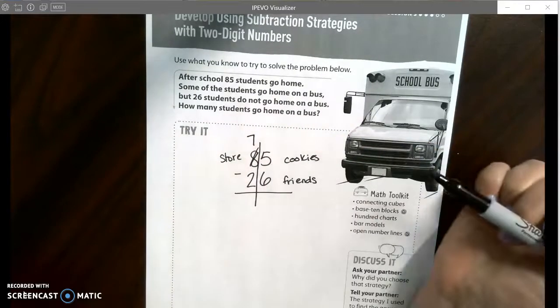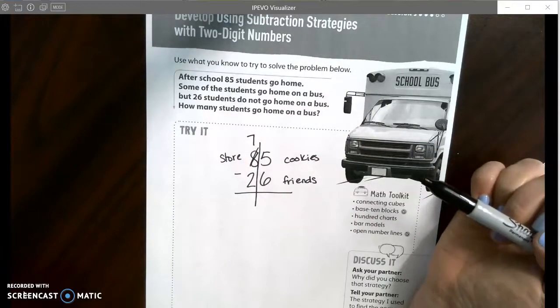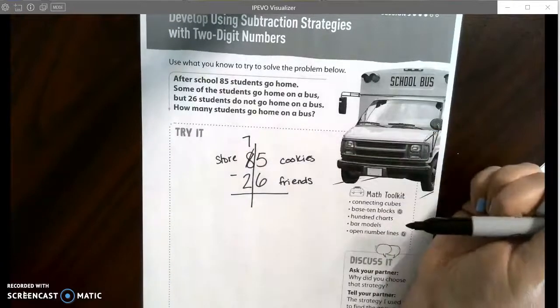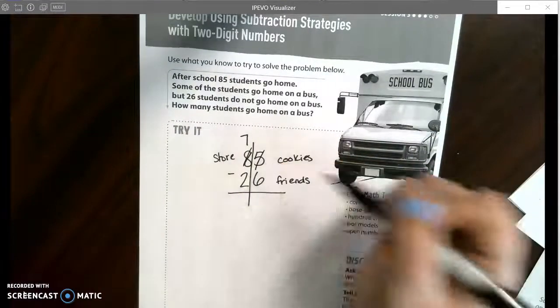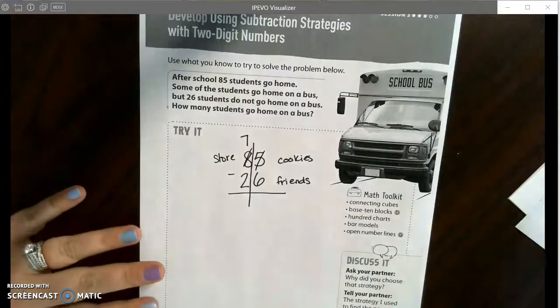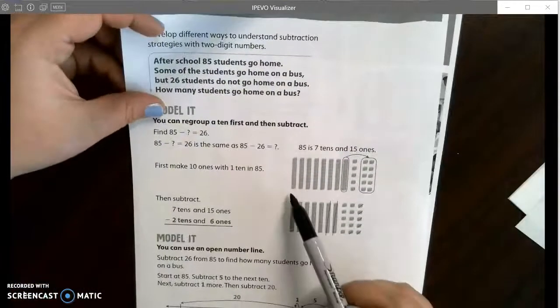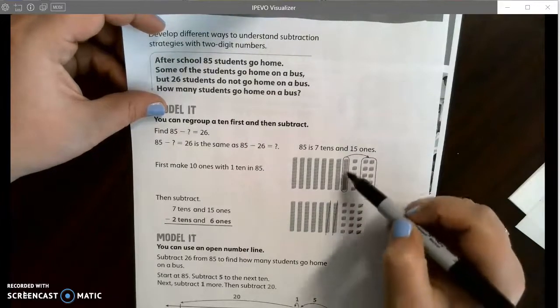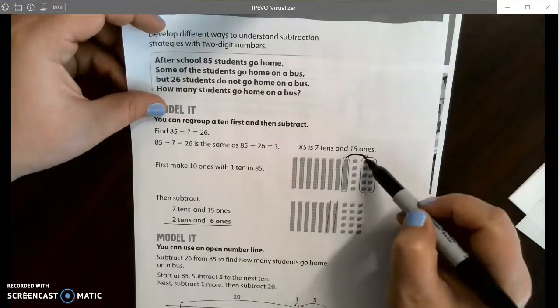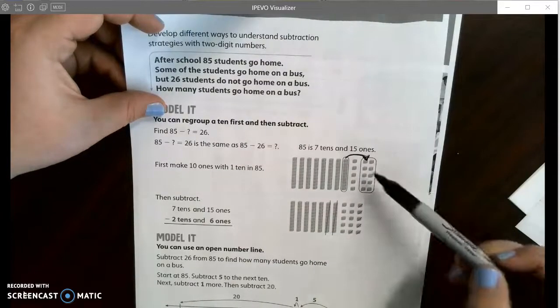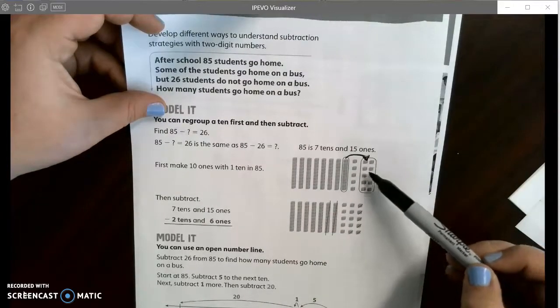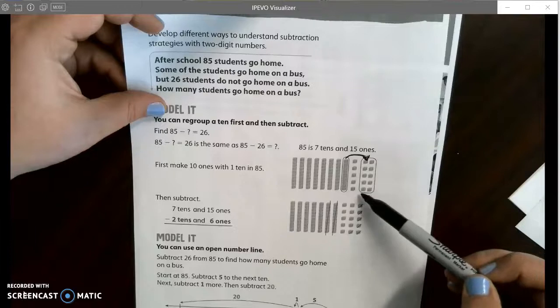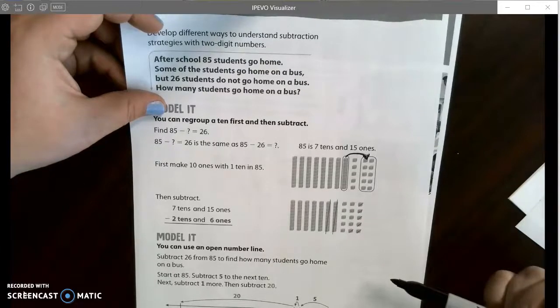So the store had 8 packs of cookies on the shelf. I'm buying 1 pack. So that leaves 7 cookies on the shelf. I'm coming home. 1, 2, 3, 4, 5, 6, 7, 8. I'm coming home and I am unpacking that pack of cookies. 1, 2, 3, 4, 5, 6, 7, 8, 9, 10. There's my 10 cookies.